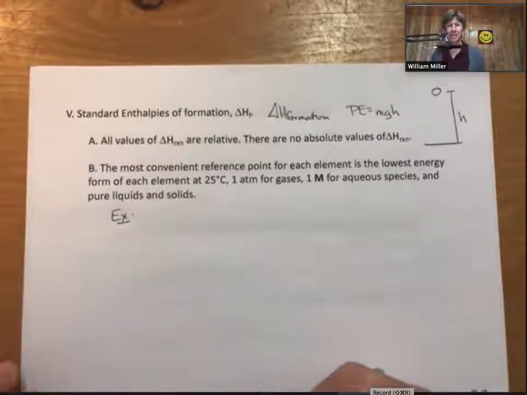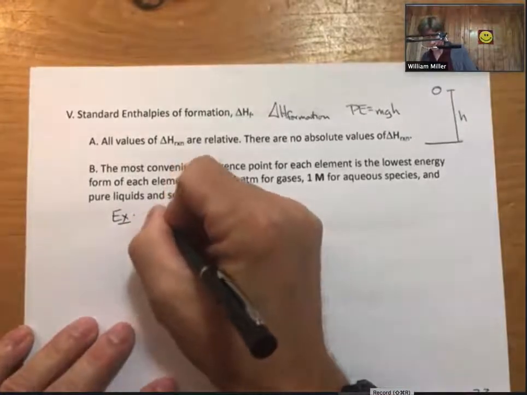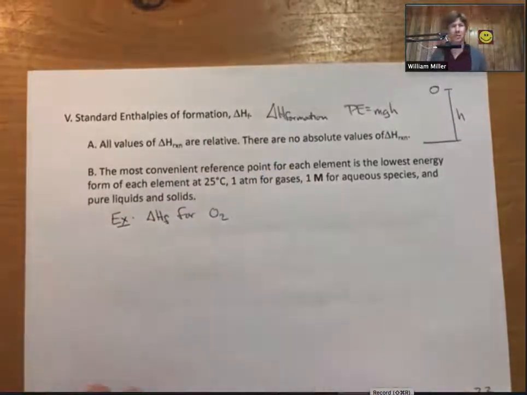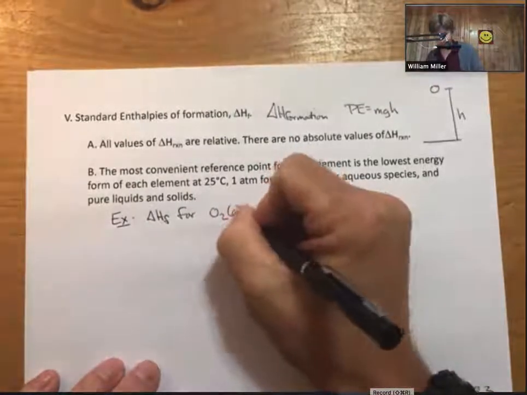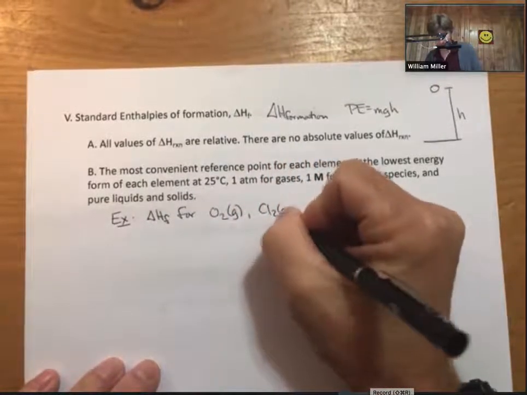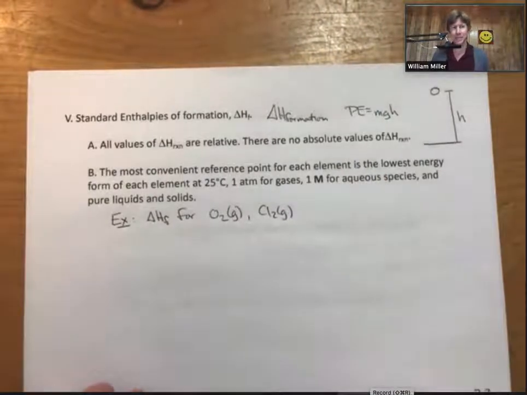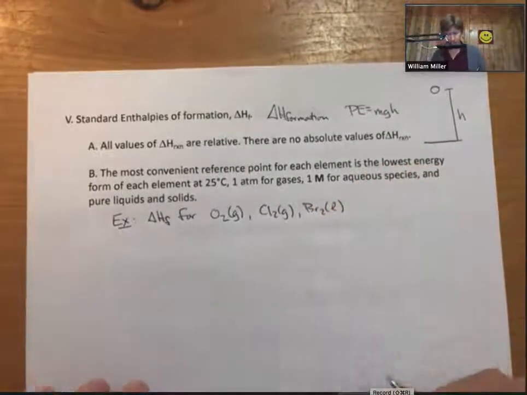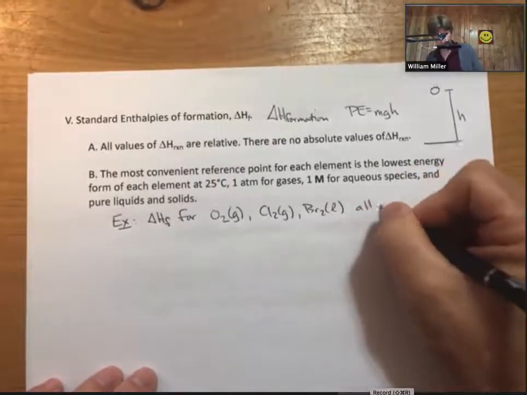Well, it means that the delta H of formation for oxygen gas, chlorine gas, bromine liquid, all equals 0.